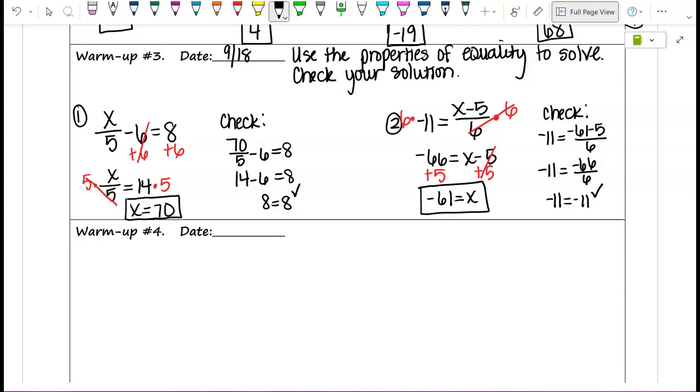And then what did you do? Okay, but if you just multiply by 6, you're at negative 66. You haven't, what did you do with the negative 5?